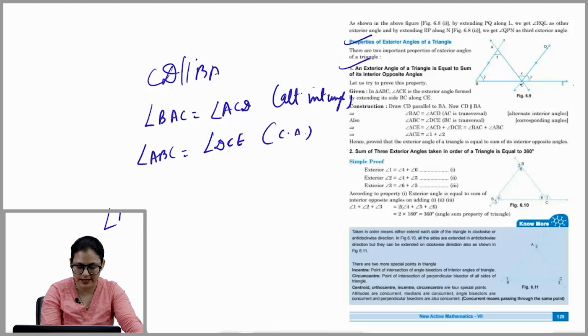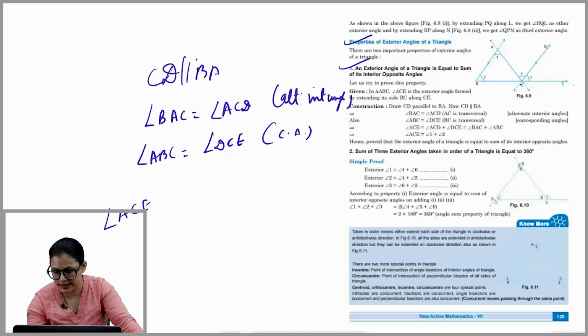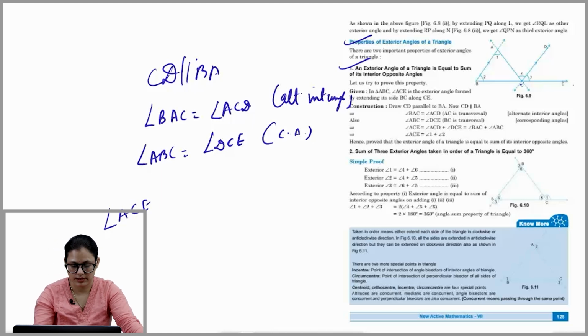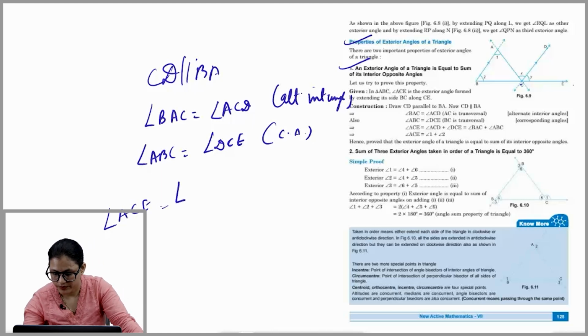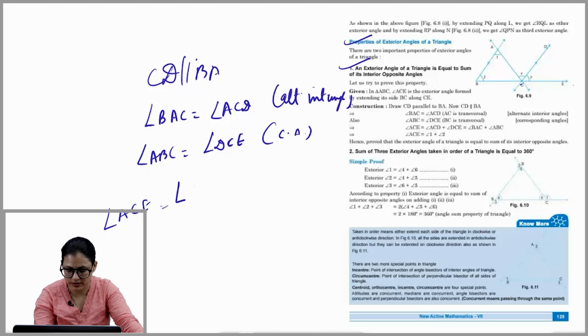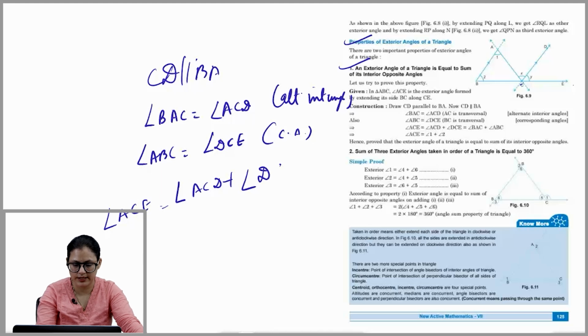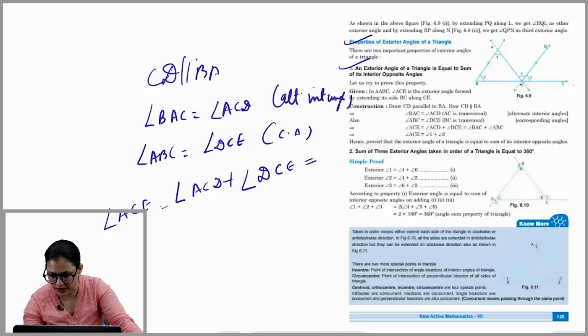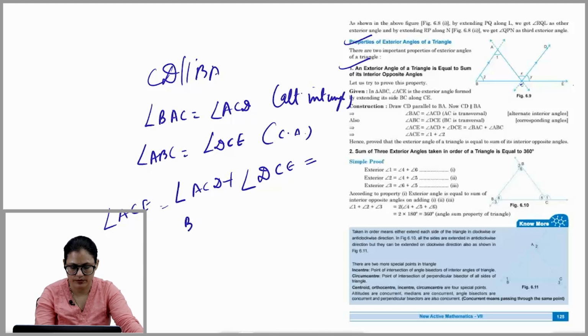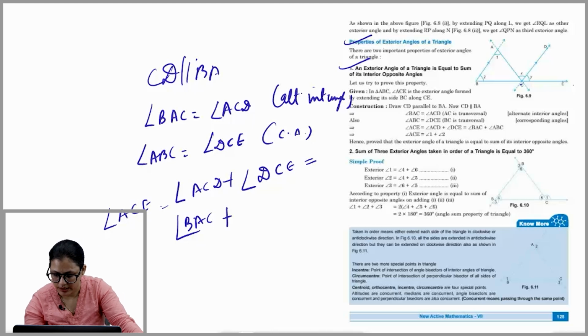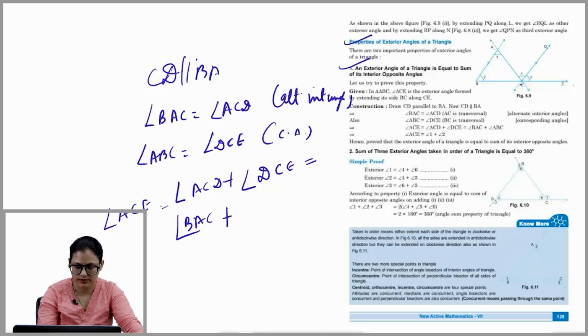Now, angle ACE is what? Angle ACD plus angle DCE is equal to angle BAC plus angle ABC.